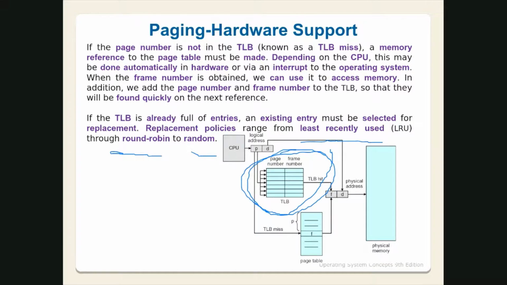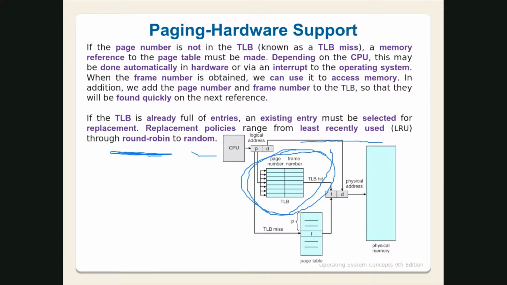And round robin. You already studied round robin in the CPU scheduling. You go around, like first time you select the first entry, next time you go for the second, and then third, and then fourth, and the next time you come back to the 1, 2, 3, 4, in a circular way. Last time I chose 1. So this time I want to replace means I go with the second entry.